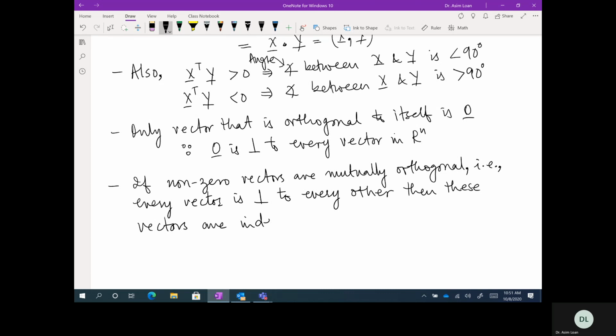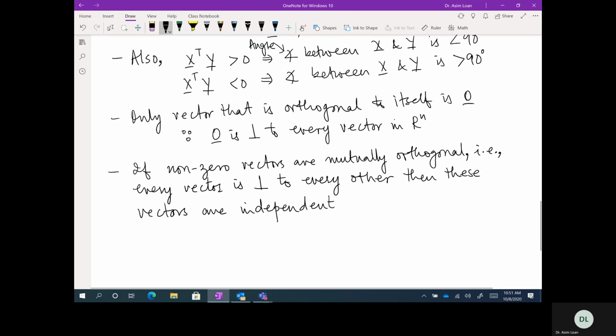And how do we show that they are independent? Orthogonal vectors are independent, and independent vectors can be orthogonalized.